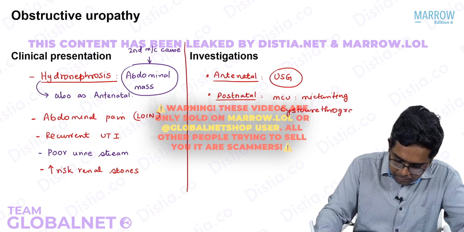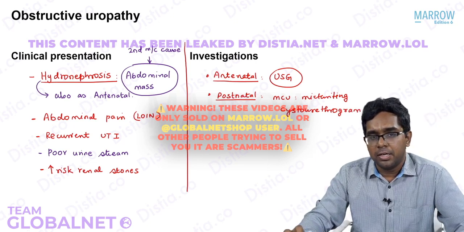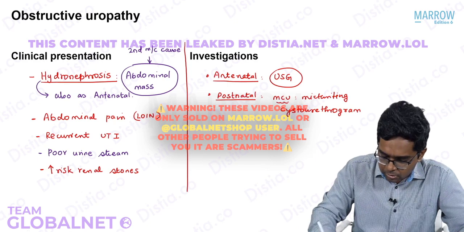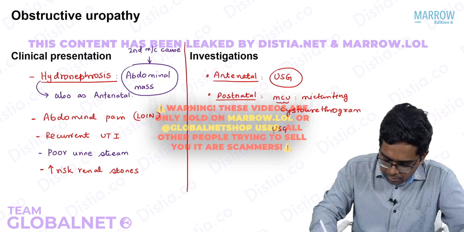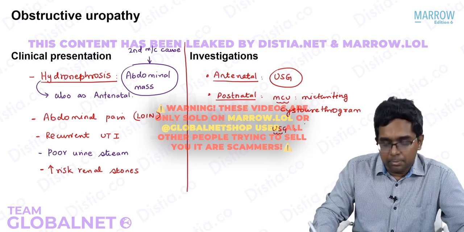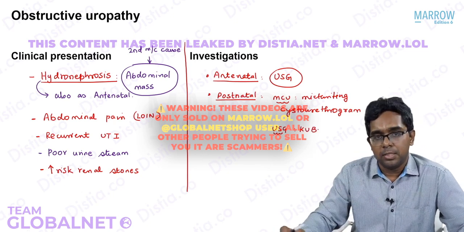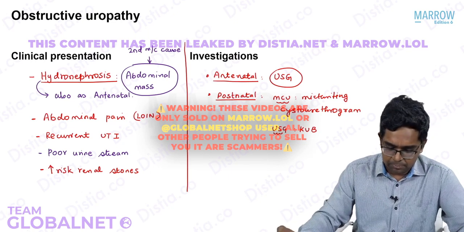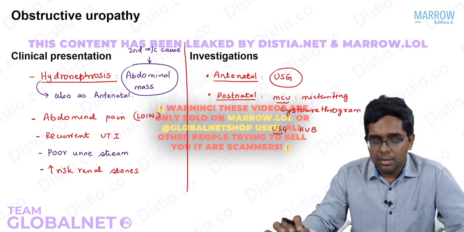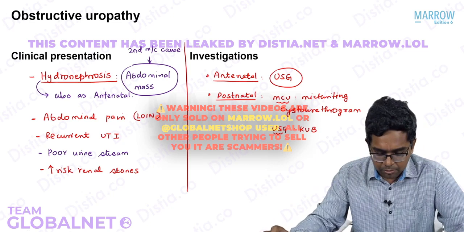This is one investigation which can identify many causes of obstructive uropathy postnatally. You can also do ultrasound of the kidney, ureter, and the bladder, which is remembered as KUB. That can also find out anomalies predisposing to obstructive uropathy. So these are the clinical presentation and investigation of obstructive uropathy.